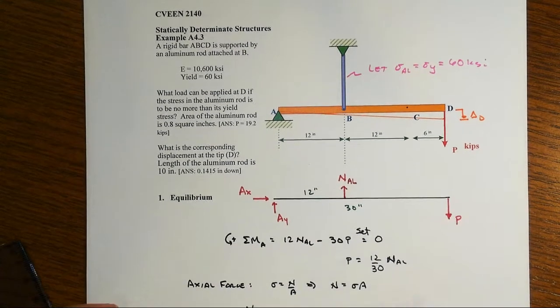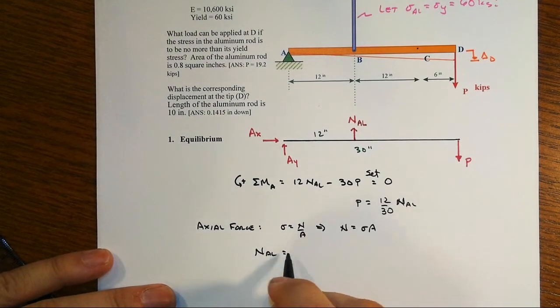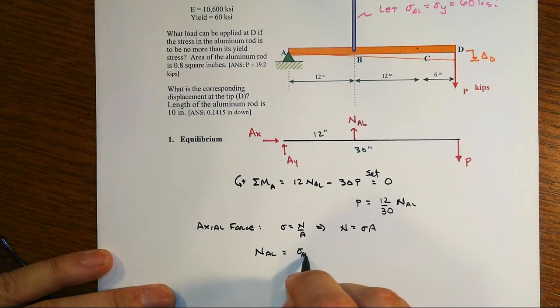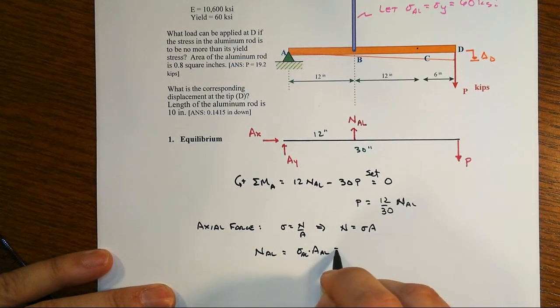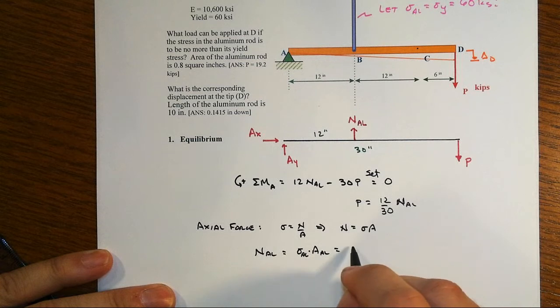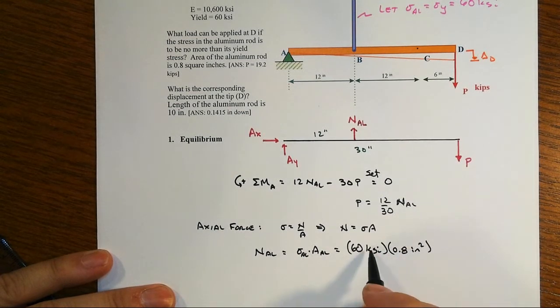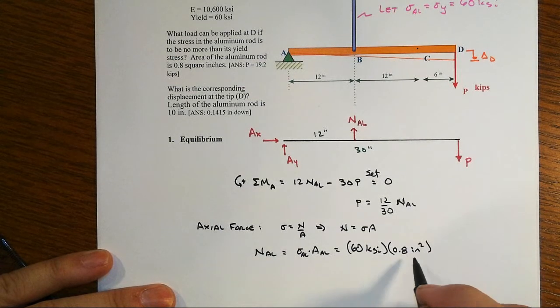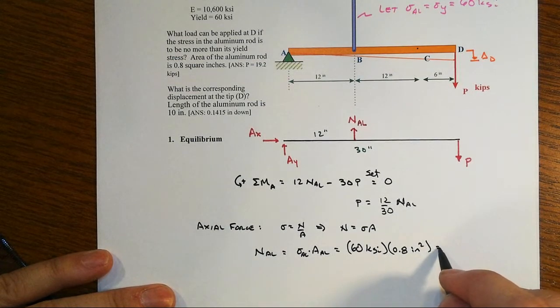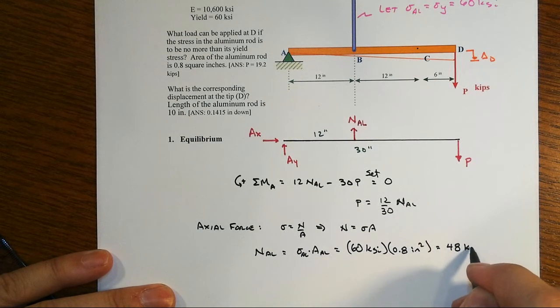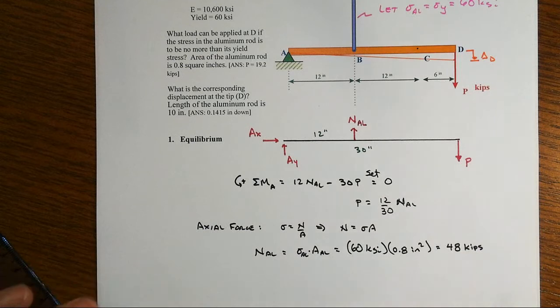That N_AL will be equal to sigma_AL times the area of that member, and that stress is 60 ksi, times the cross-sectional area, which we're told is 0.8 square inches, so kips per square inch times inches squared will give us a force in kips, and 60 times 0.8 is 48. So under the conditions of analysis, our axial force in the aluminum is 48.